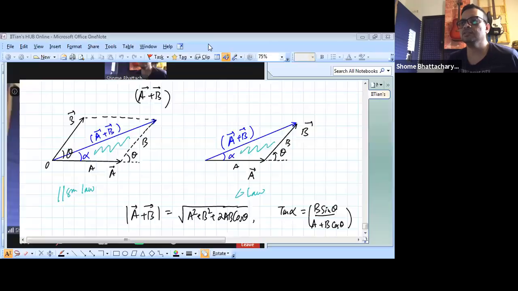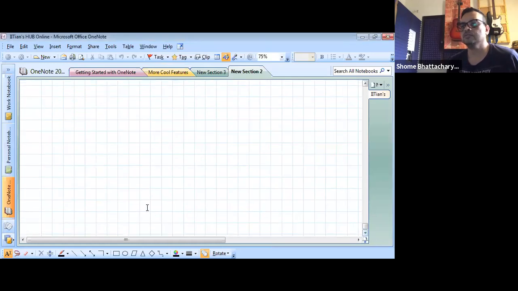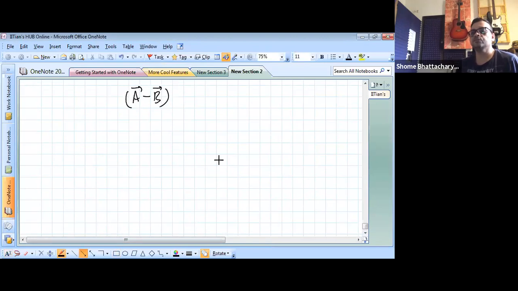Okay, now similarly, let's also understand the comparison of the triangle law for the difference of two vectors and the parallelogram law. We want to construct the difference using our two vectors. By the triangle method, we would have first drawn the vector A, and then to that added the vector minus B. If B was like that, then minus B would look like this.